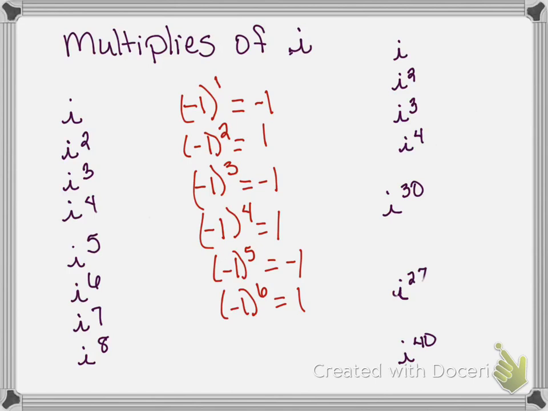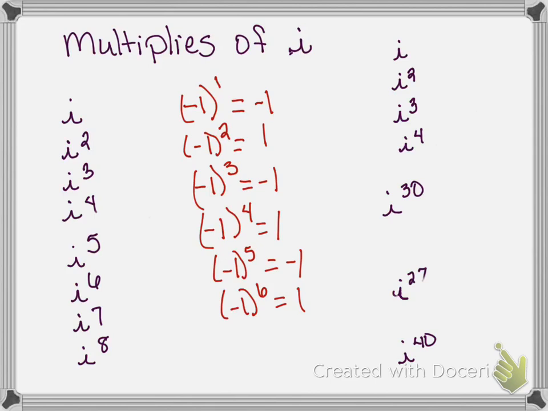Every even is 1, every odd is negative. Good. If you raise -1 to an even power, you get +1. If you raise -1 to an odd power, what do you get? -1. So we are going through a cycle of -1, 1, -1, 1, -1, 1.